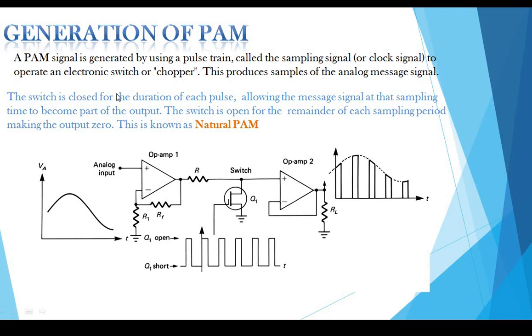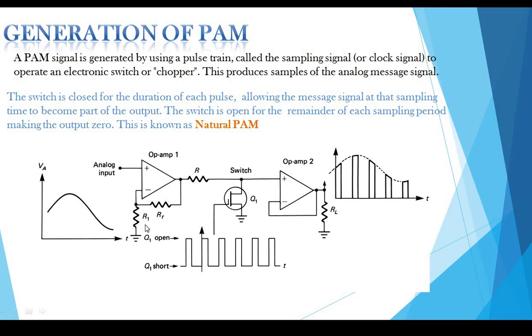If the switch is closed for the duration of each pulse, allowing the message signal at that sampling time, the first operational amplifier will allow your message signal to become a part of your output.